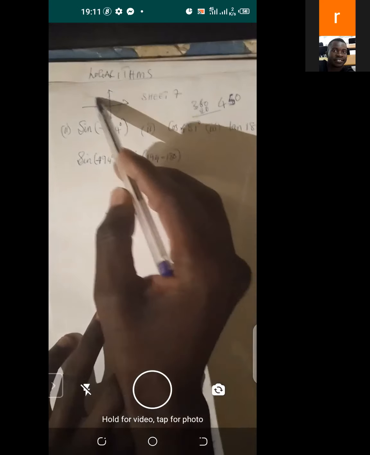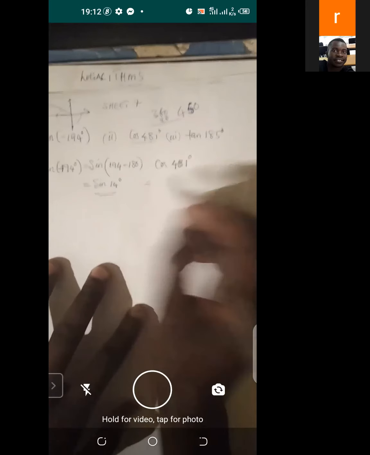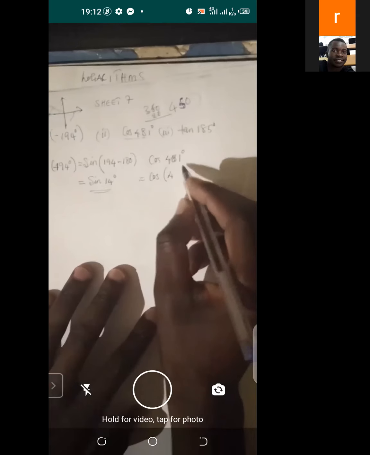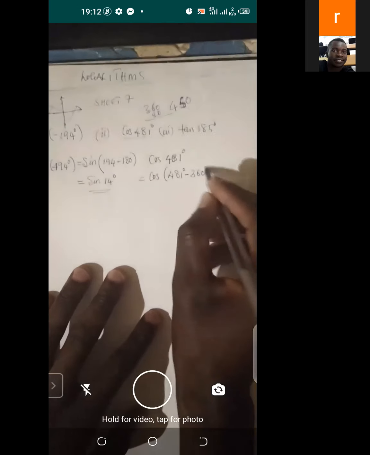But what happens to the cosine function in the second quadrant? It is negative. So we have cos 481 degrees is the same as cos 481 degrees minus 360.